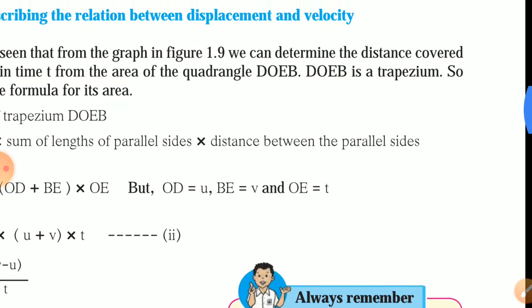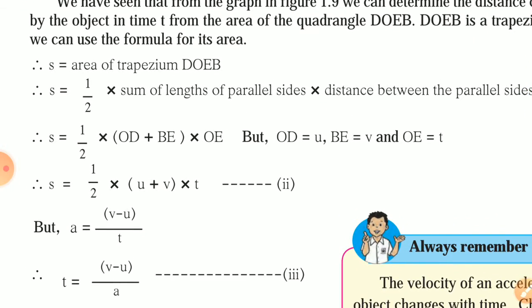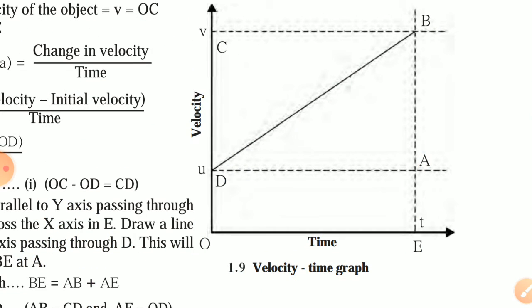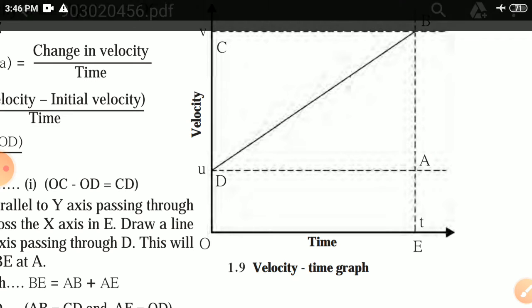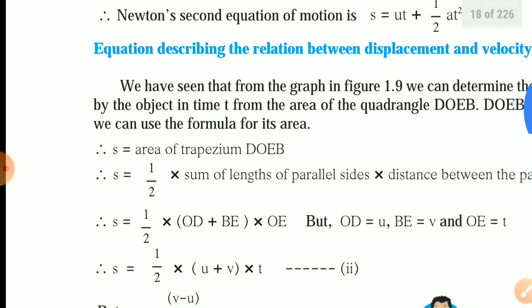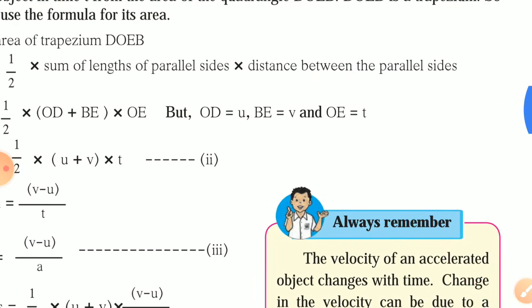DOAB is a trapezium, so we can use the trapezium formula for its area: half of the sum of the lengths of the parallel sides times the distance between the parallel sides.